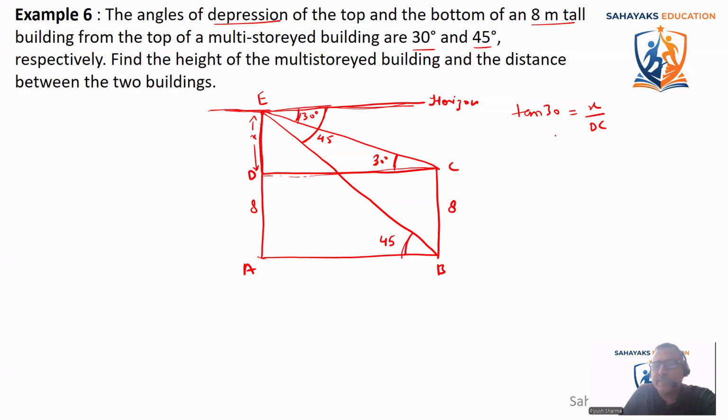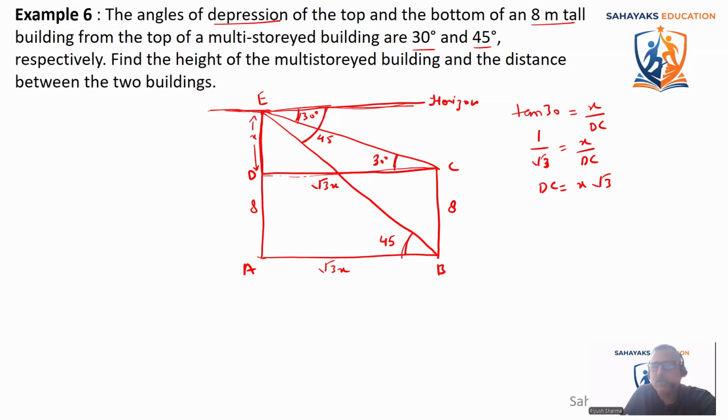Tan 30 is equal to x by DC. Tan 30 is 1 by root 3, so 1 by root 3 is equal to x by DC. So DC is root 3 x. This distance is root 3 x. So if this is root 3 x, AB will also be equal to root 3 x.